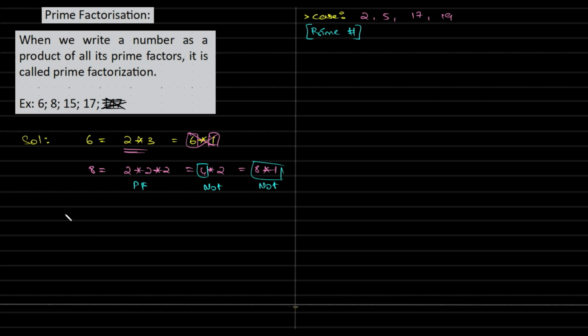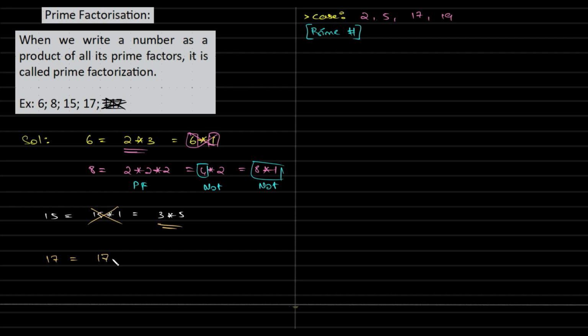Next is your 15. So this will be 15 into 1, or 3 into 5. These are the ways of writing 15. So in this, which is a prime factorization? You're right, 3 into 5 is your prime factorization. 17, we are in a weird situation. 17 can be written as 17 itself.